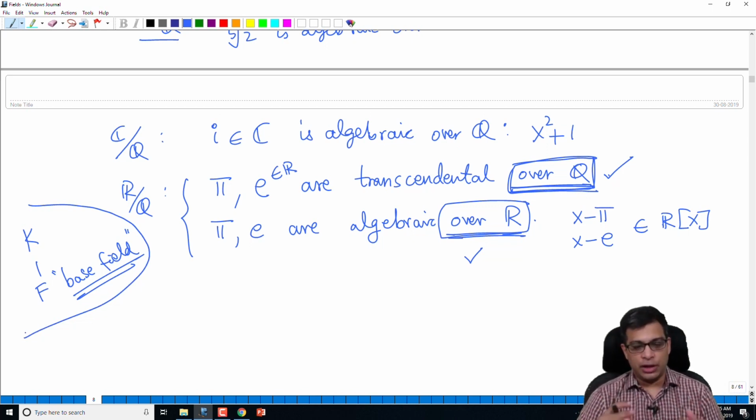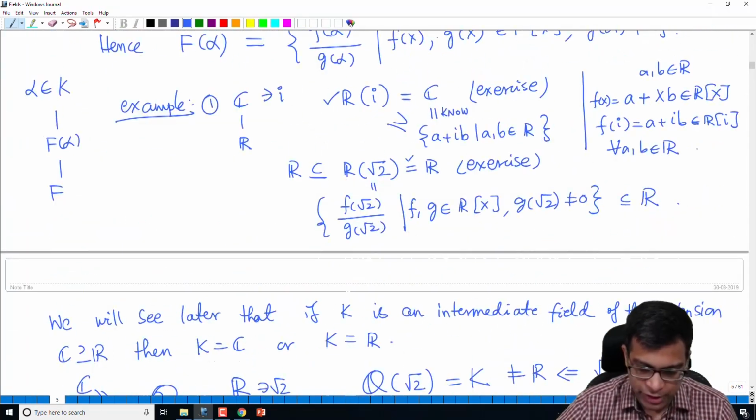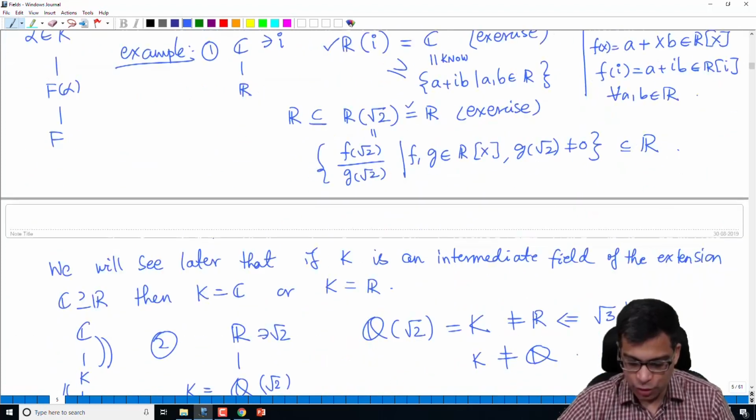Okay, so let me stop the video here. In this video we discussed the notion of subfields and field extensions. If you have a field extension and an element in the bigger field, we considered the construction of an intermediate field, which is the smallest field containing the base field and that element, and we explicitly described what the elements of that intermediate field are, F(alpha), and we saw some examples.